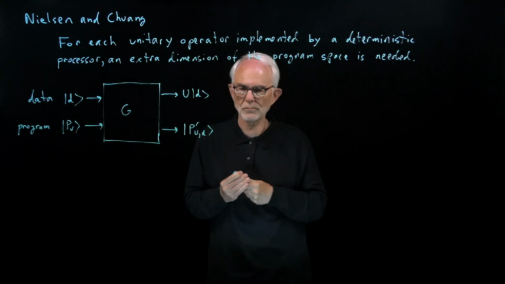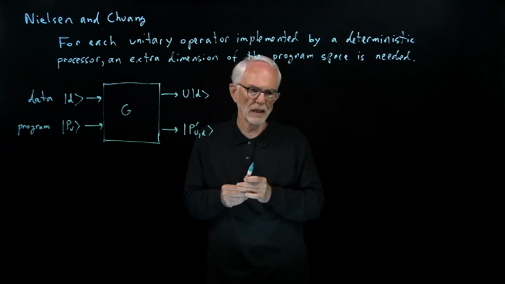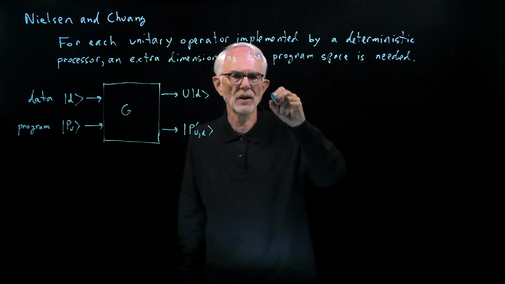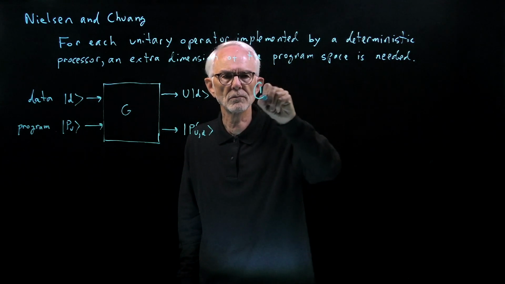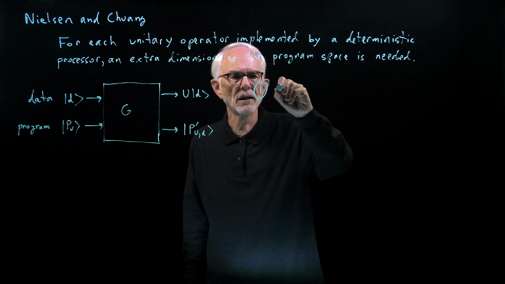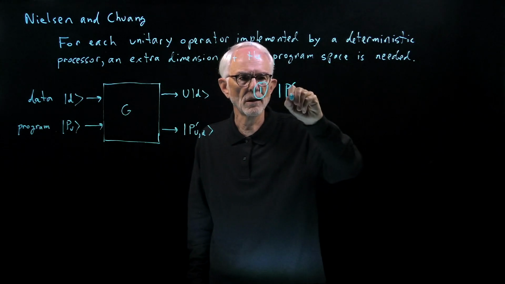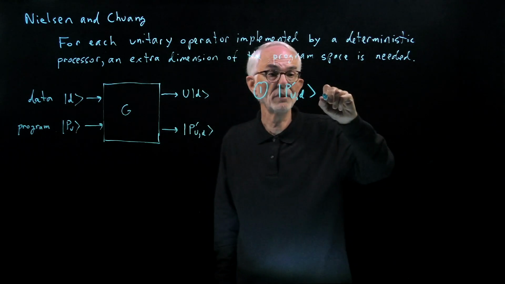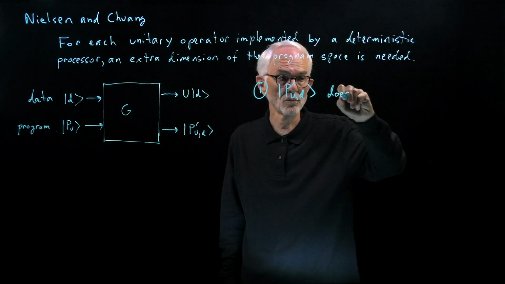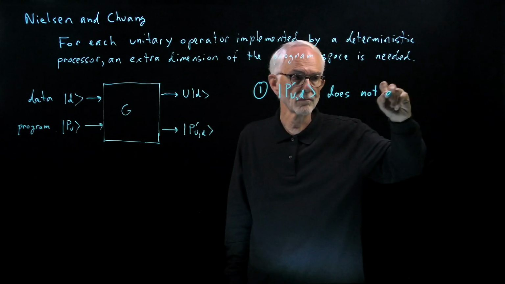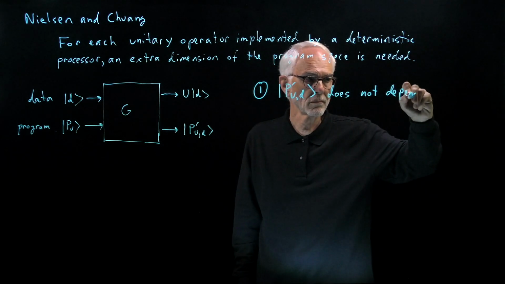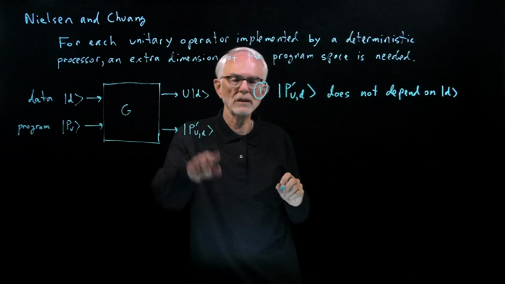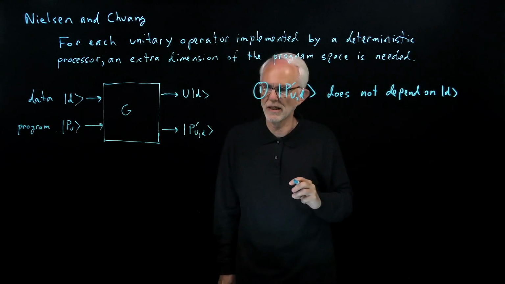Now the 2 statements that I want to go ahead and prove, which then actually prove the theorem, are the following. Number 1 is that the state P prime U D does not depend on D. So even though I've written the D here, it turns out that that's not necessary.